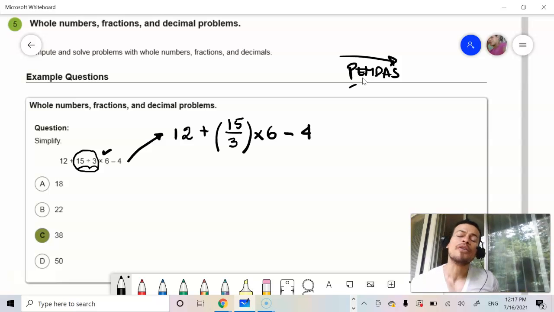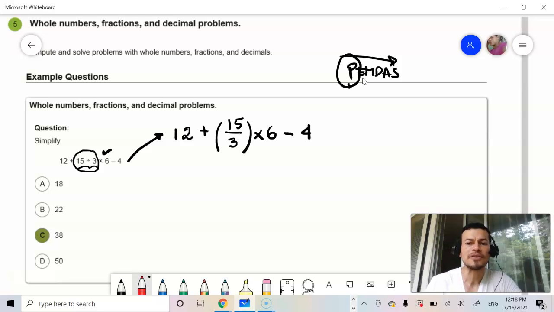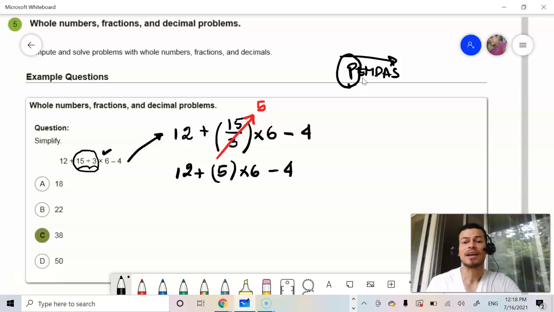Let's see, now that we have the parentheses, we know that we should start by solving the parentheses. So we are going to start by solving 15 over 3, and that's equal to 5, okay? So we are going to have now 12 plus, the parentheses gave us 5, right? And we need to multiply that by 6, and we need to subtract 4.